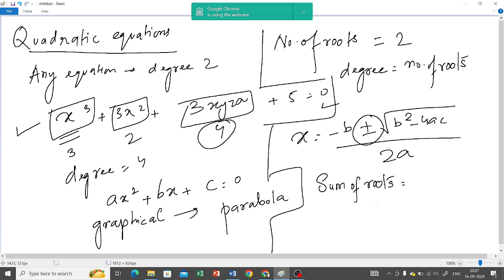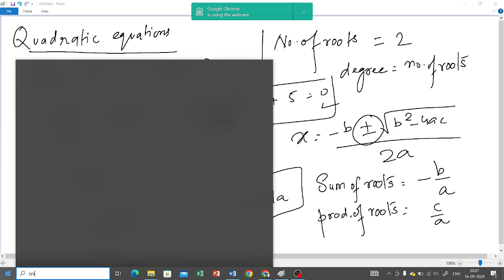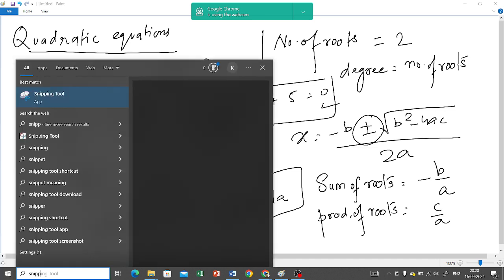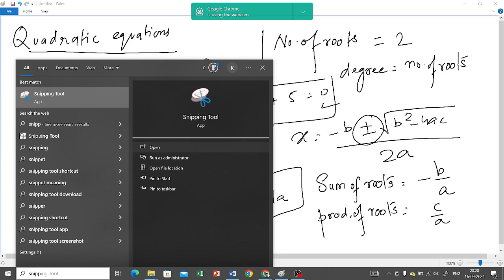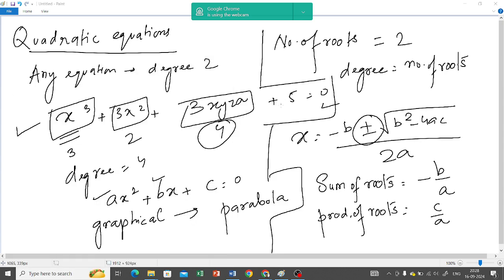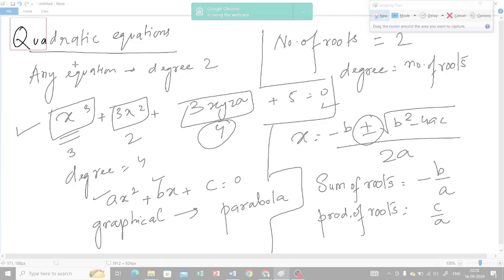When you add these two roots, you get minus b by a. Sum of roots is minus b by a. Product of roots is c by a. Did you understand? Yes.